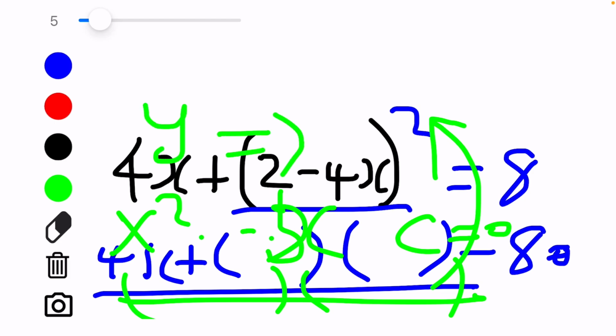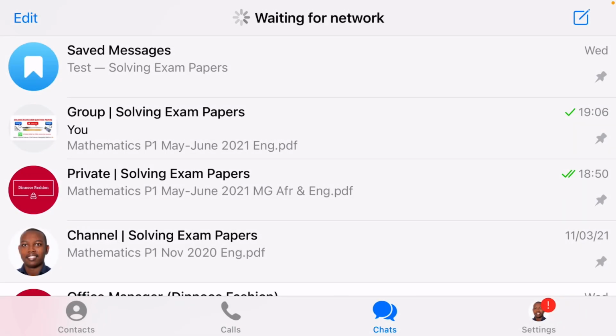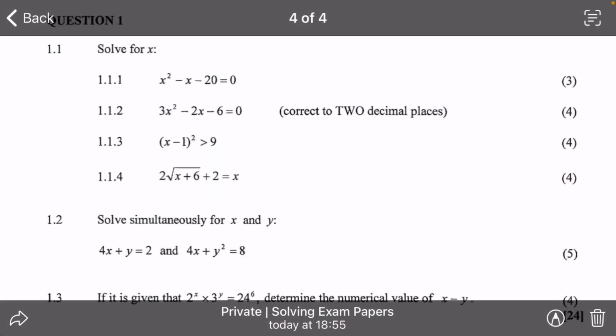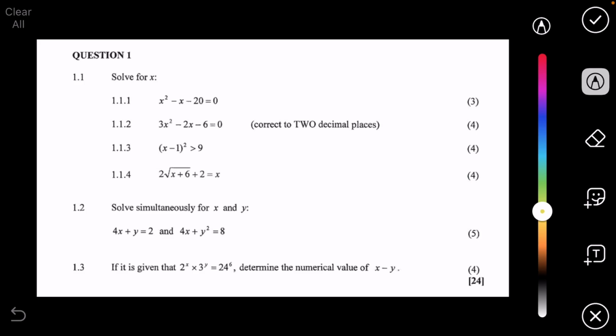So guys, let me not go deep into that, because obviously there's a lesson where I'm solving this in detail, ladies and gentlemen. Remember, in this case we're solving simultaneously for x and y. So that means your final answers should provide the values of x.